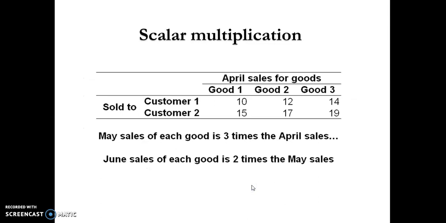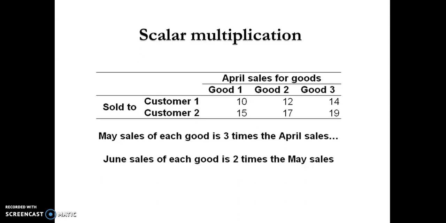So here we have an example. You are told that you have two customers, customer 1 and customer 2, and goods are sold to them for April. This table represents the sales of good 1, good 2, and good 3 for the month of April to these two customers.